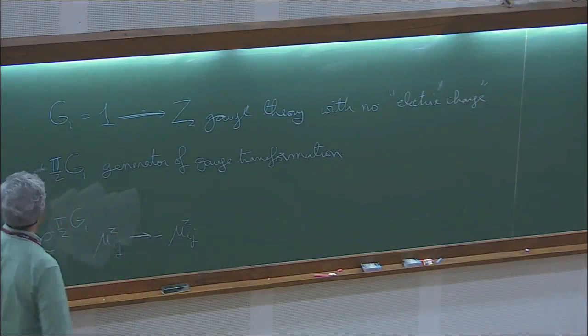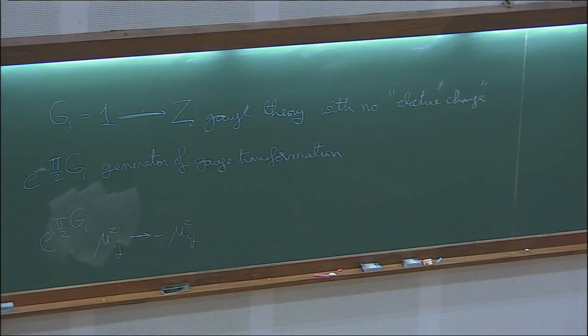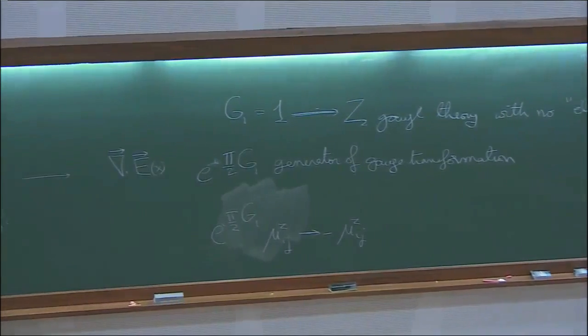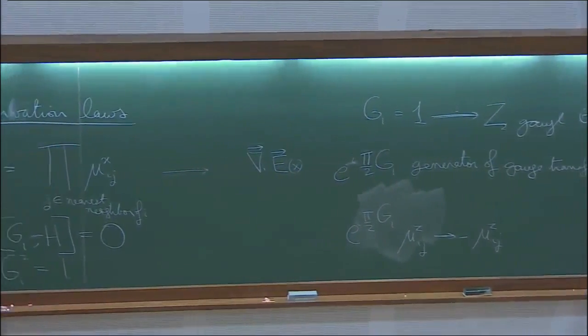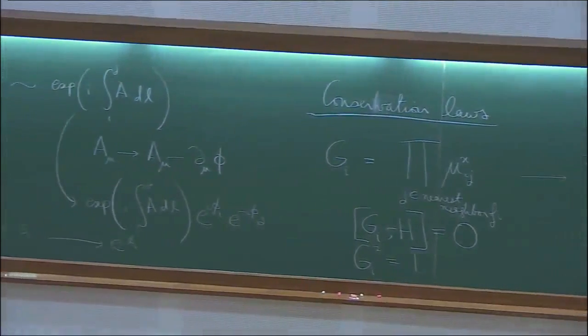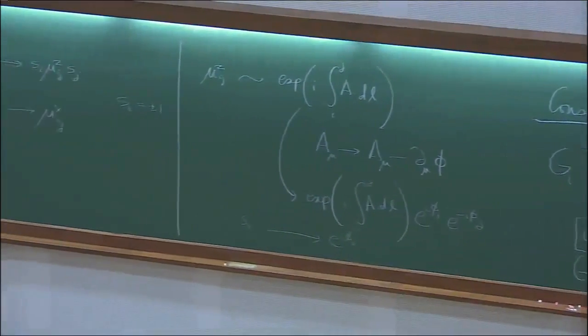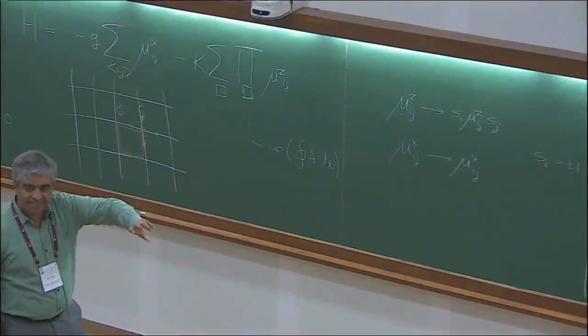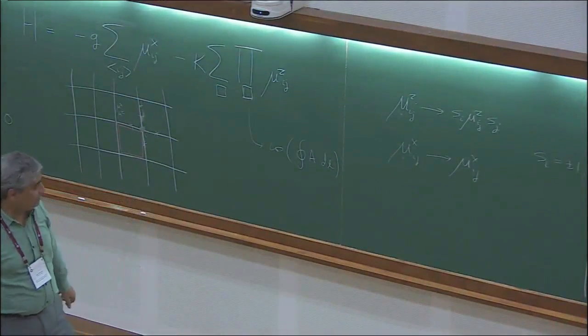That means that SI is minus 1. So the gauge transformation with SI is generated by e to the I pi over 2 GI. Again, you can check that. Yes, that's correct, you rotate Z about the x-axis by 180 degrees.